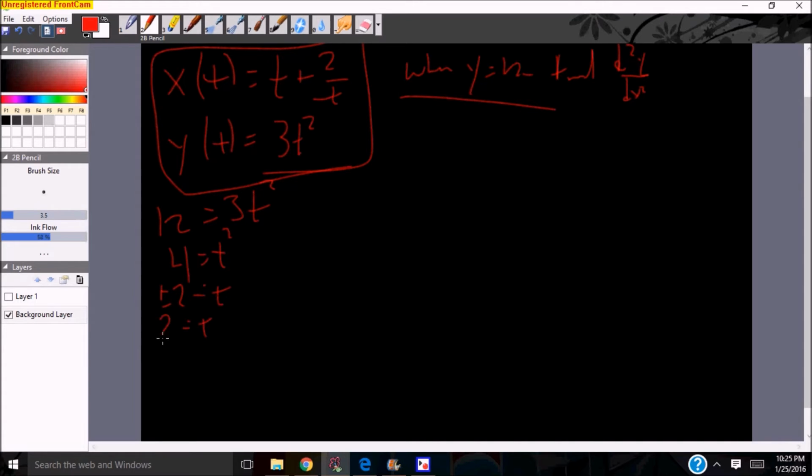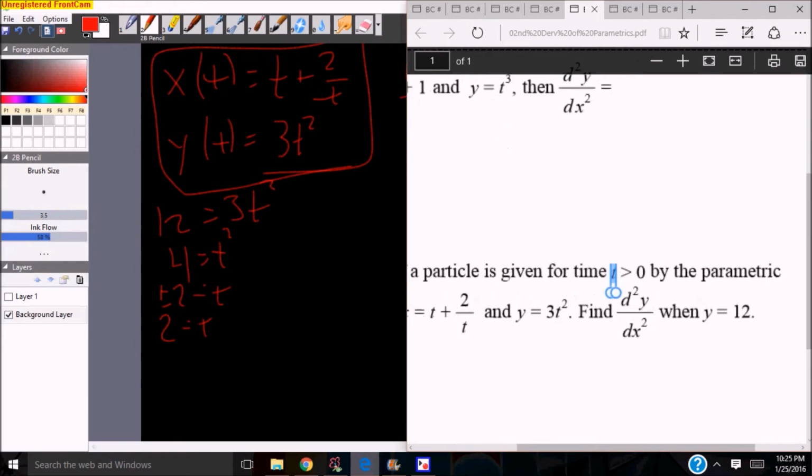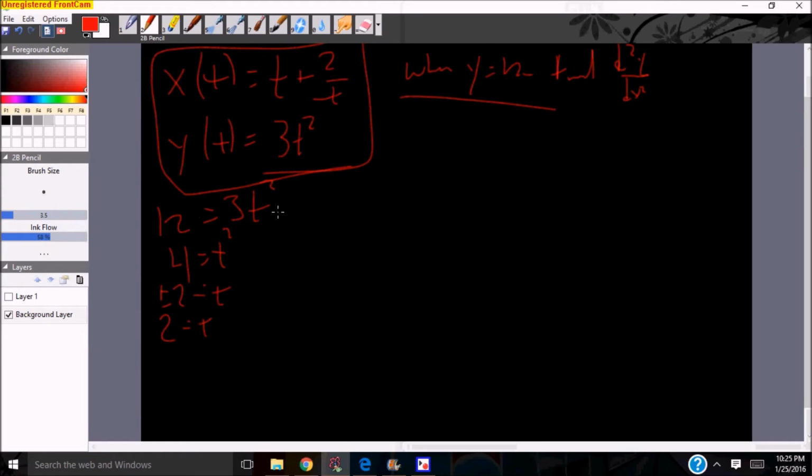But good for us, time had to be positive. It was listed in the problem. I'll show it to you right here. So time is in fact greater than 0.